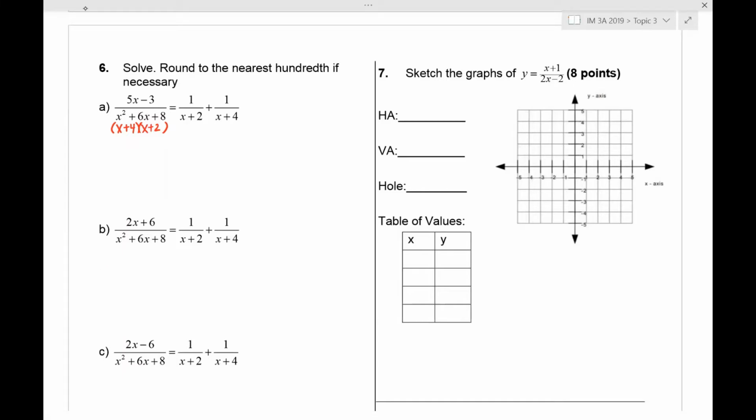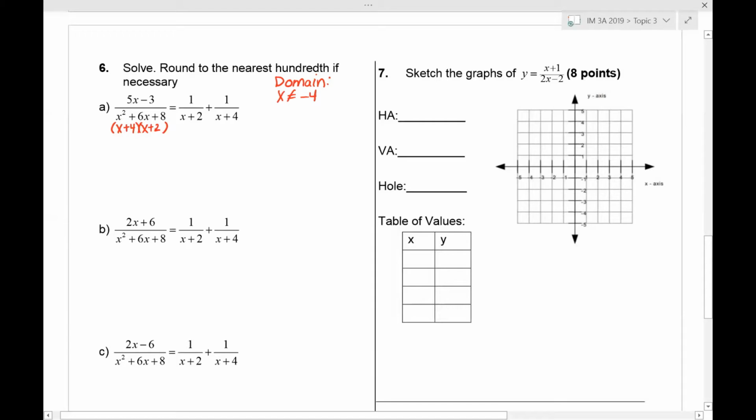And so remember that when we're solving an equation, we want to start by identifying the domain so that we can determine if something is extraneous. And so the domain of this function is going to be all real numbers except for the values that will make this 0. So I'm just going to list out what x cannot be. So x plus 4, if I set that equal to 0 and solve, x can't be negative 4.